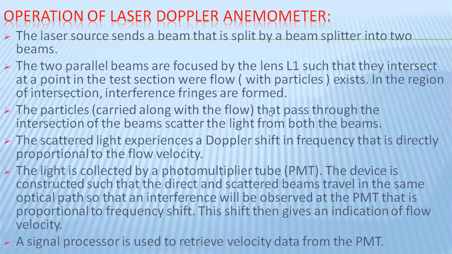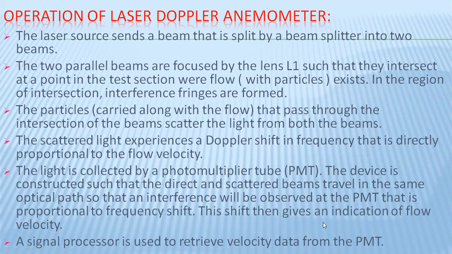The particles that pass through the intersection of the beams scatter the light from both the beams. The scattered light experiences a Doppler shift in frequency that is directly proportional to the flow velocity of the object. That light is collected by a photomultiplier tube. The device is constructed such that the direct and scattered beams travel in the same optical path, so that an interference will be observed at the PMT that is proportional to the frequency shift.